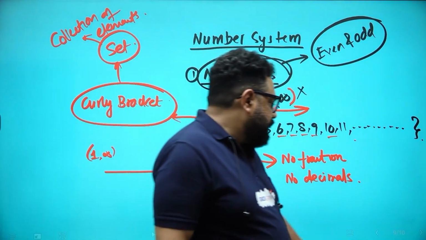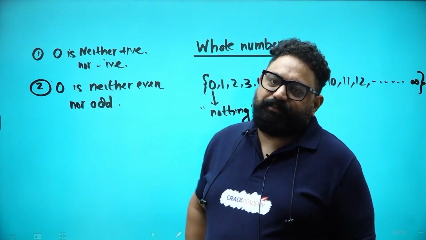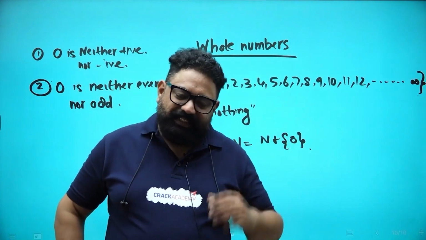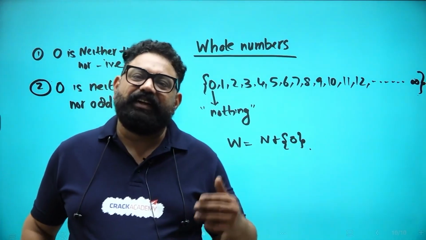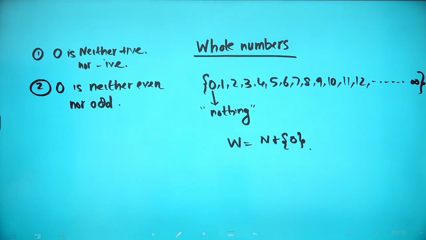Negative numbers like -2 are not even numbers, they are negative numbers. Even and odd are always considered for natural numbers, and since 0 is not a natural number, 0 does not stand for even or odd. Clear?